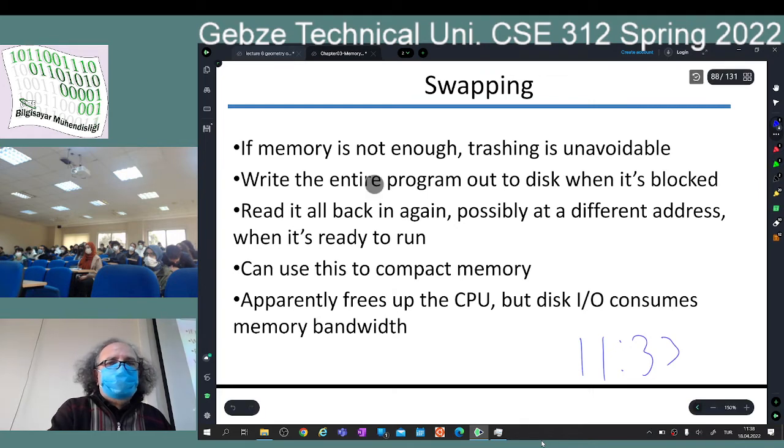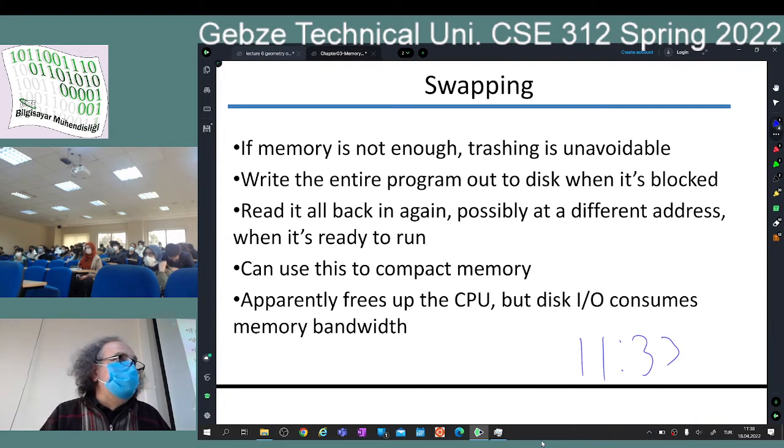So what is swapping? Write the entire program out to the disk when it is blocked. Okay. So when my program is blocked, when it is not running, write the whole program to the disk. So I release all of my pages, and other programs can use that memory.